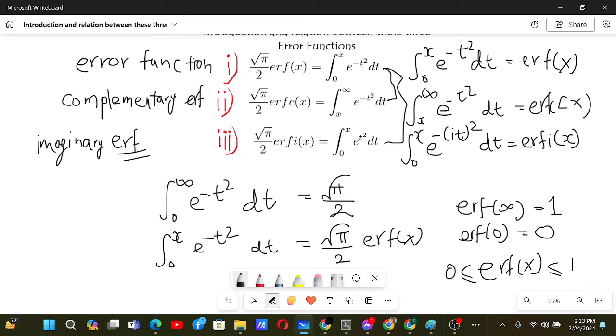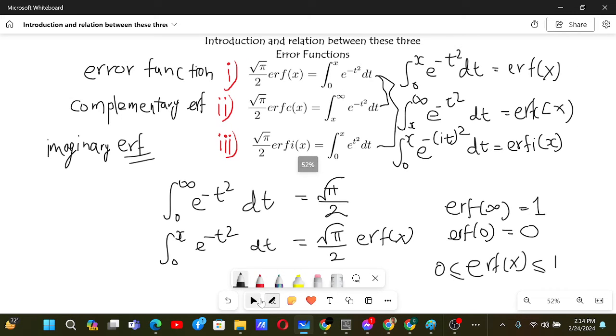Is it an increasing function or not? Because the area, not the function, the area of this function is increasing, so ultimately it has to reach root pi by 2. That's why in between it will be lesser than this value. That's why it's a nice property to lie between 0 and 1, and that's why it's defined like this.